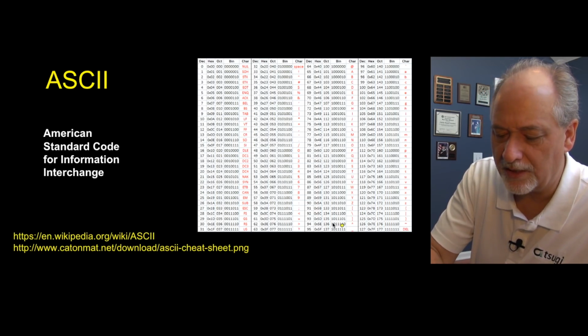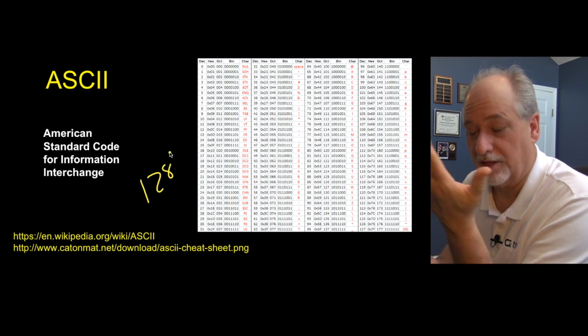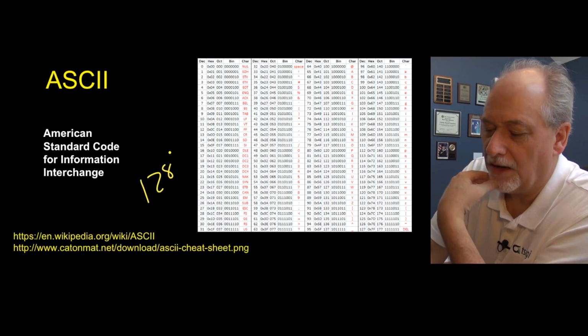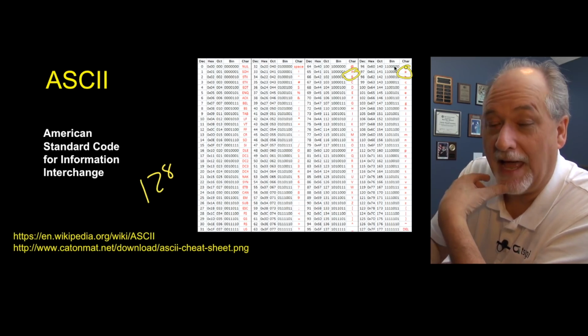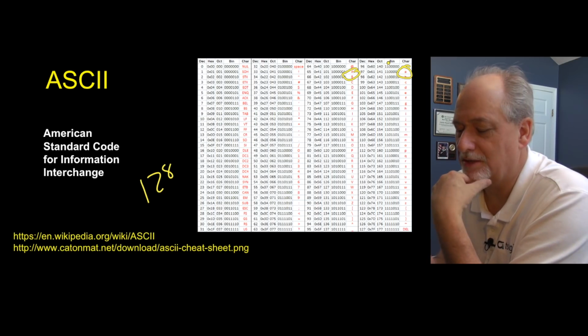There are 128 of these possible values, and there is nothing even for Spanish or French in here. It's also why uppercase letters in Latin sort lower than lowercase letters, and we saw that in some of the string stuff.